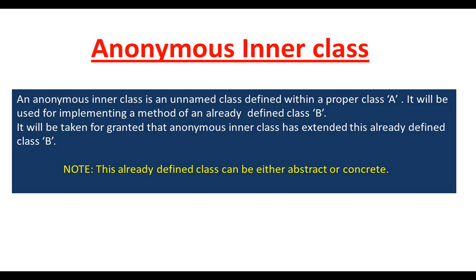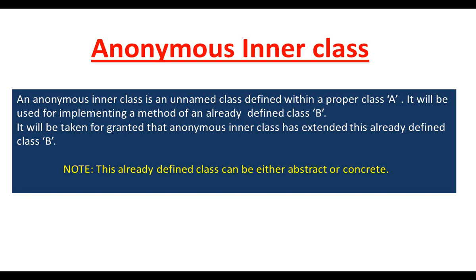It will be used for implementing a method of an already defined class. Let's say the name of that class is B. So there will be an already defined class, and we will be using this anonymous inner class to implement a method of this class.